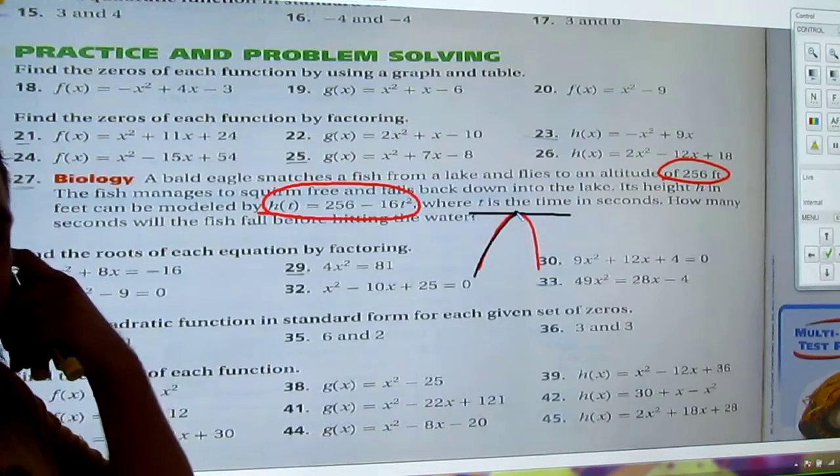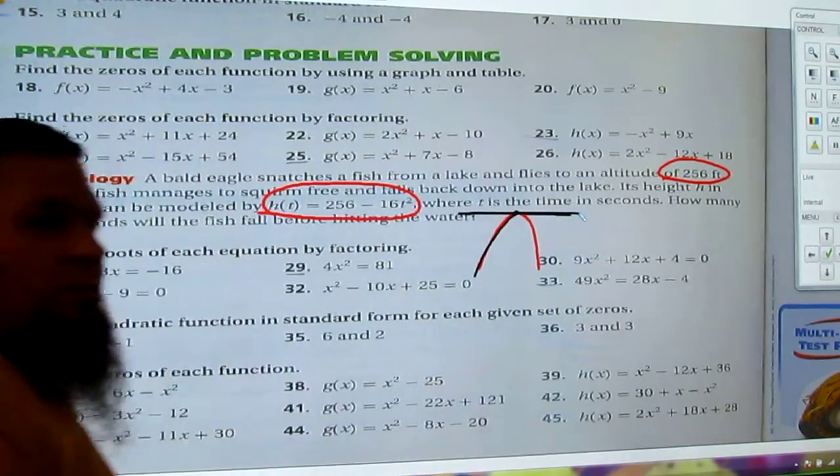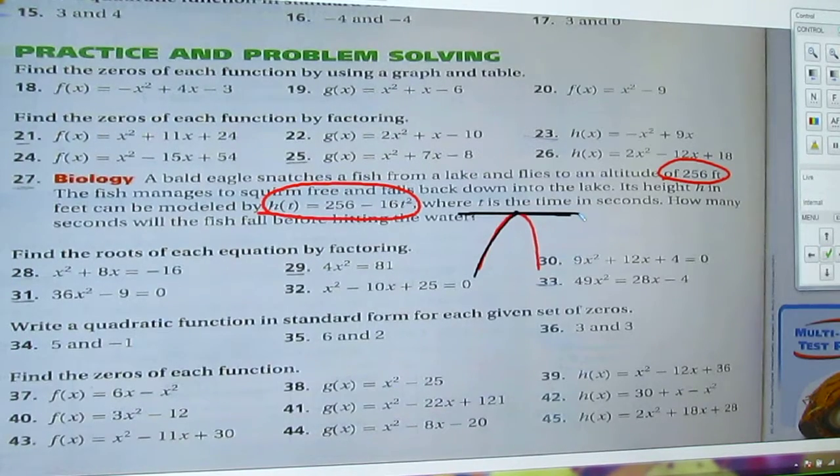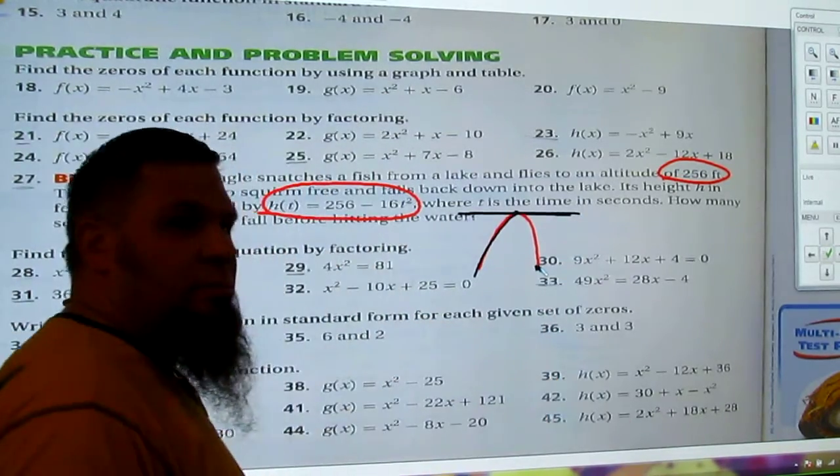So figure out the time. So at what point is this slope dropping? So we want to find h equals 0, right? So when is he going to get back down to 0? Right?